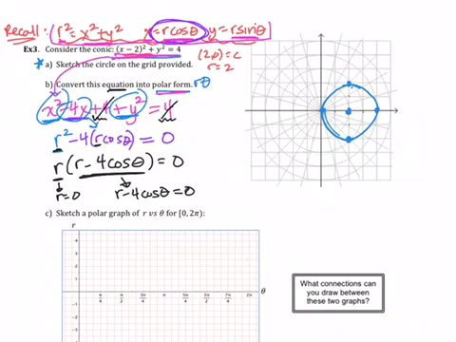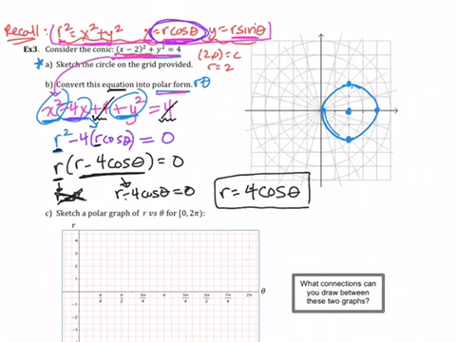Well, remember, r is representing the radius. Does the radius ever equal 0 and create something? If your radius is equal to 0, there's not even a circle at all. So we cross that out, and our polar form is just r equals 4 cosine theta. That's it. We move the negative 4 cosine theta to the other side.